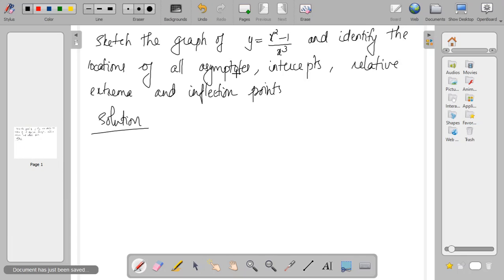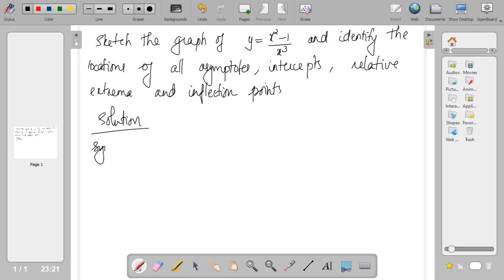You need to check the symmetries, then the intercepts, asymptotes if any, then how the sign of f(x) is changing, then the end behavior, then we look at the derivatives, and then the concavity, and whether there are any inflection points or not. Those are the steps you need to follow to graph the function.